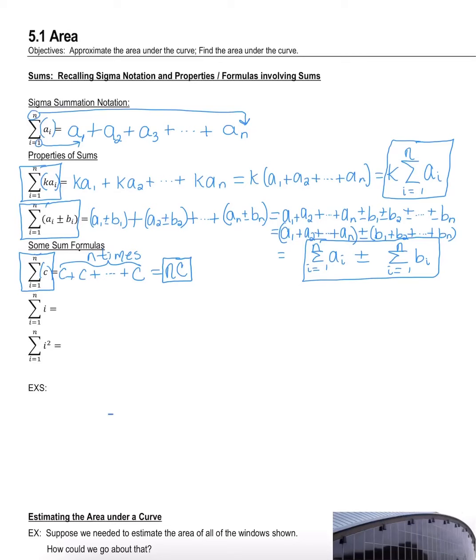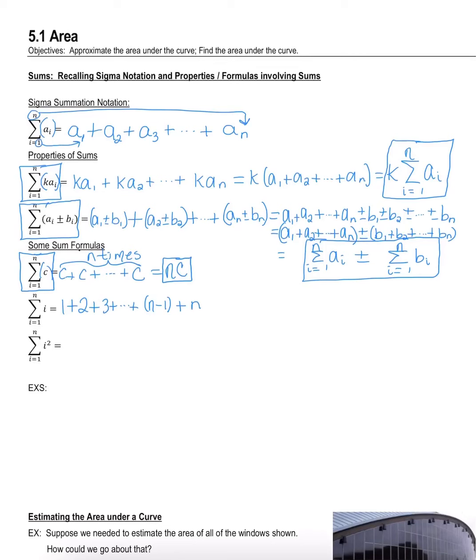Okay, let's look at another one that we can think about and reason our way through here. On this one, if we were to add 1, 2, 3, all the way up to, and the second to the last term would be n minus 1, and the very last term here would be n.